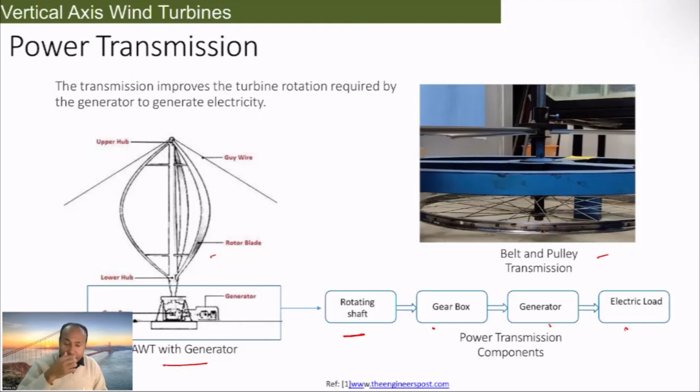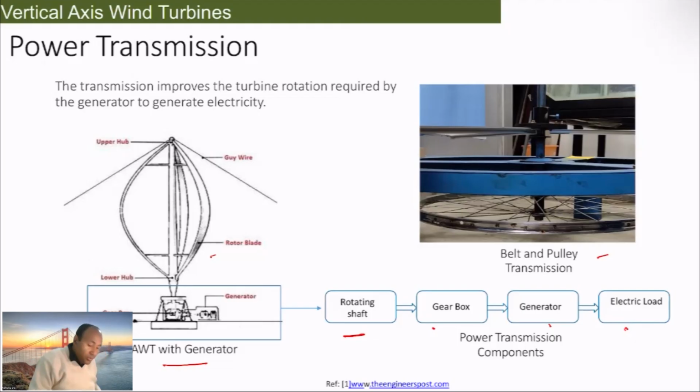So now, since we have a good idea about how they look and all this, similarly to what we have done before, we will do a simple momentum analysis for power extraction and all these things. So we will continue to do some aerodynamic analysis of this vertical axis wind turbine.